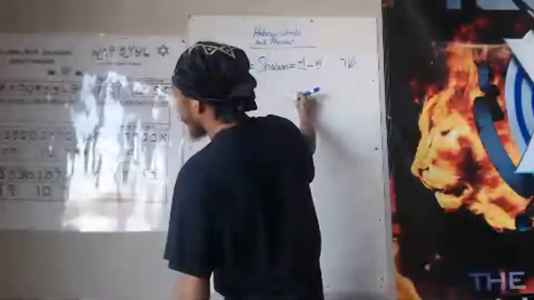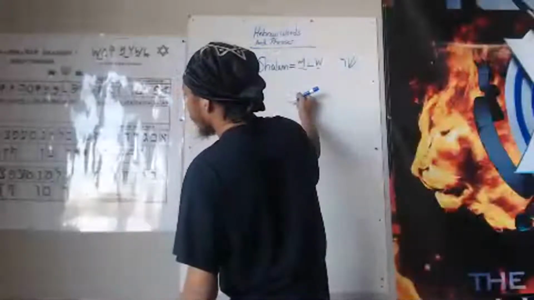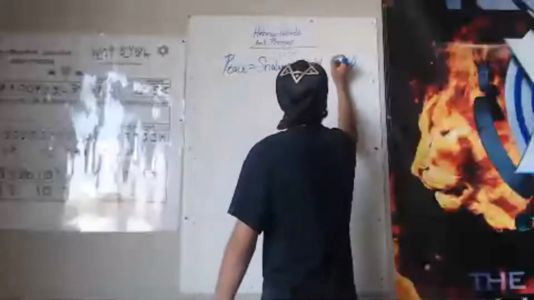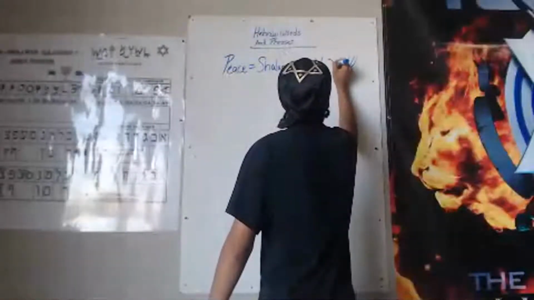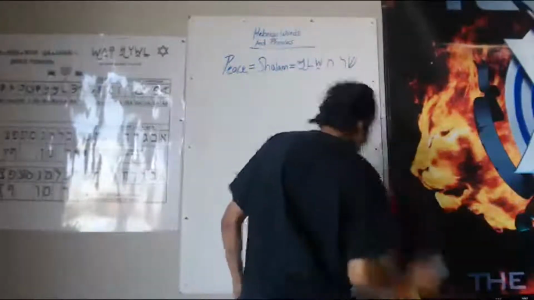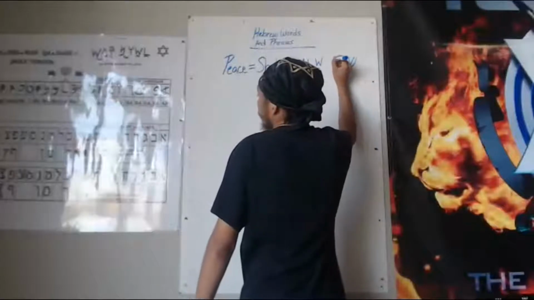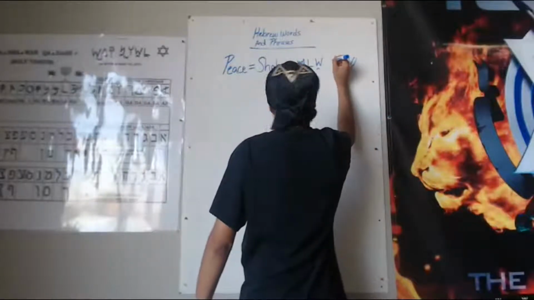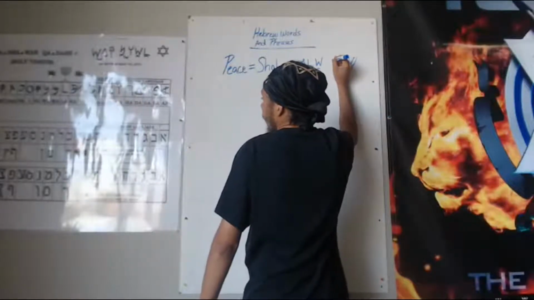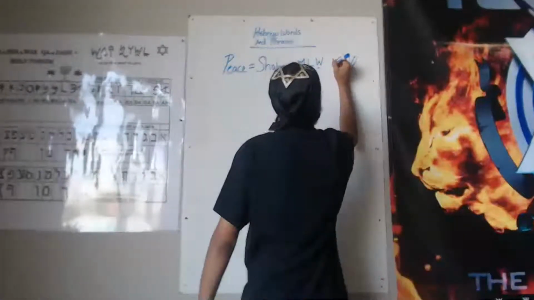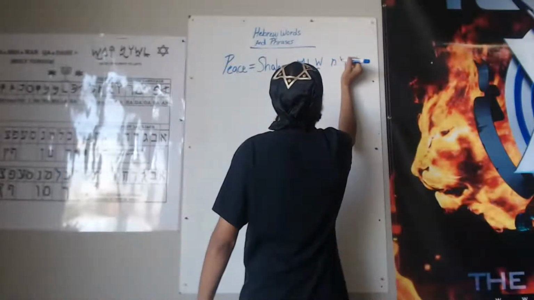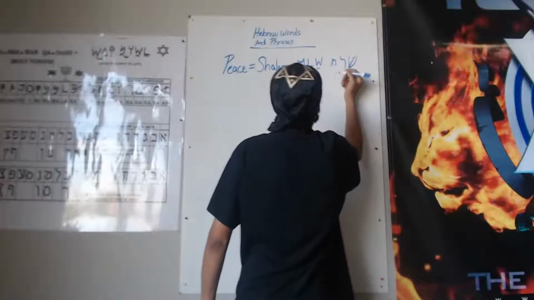Give me one second. Oh my bad. Give me one second. I always mess up how to do the mod in the Syrian. Salakia. That's the best mod I can do.